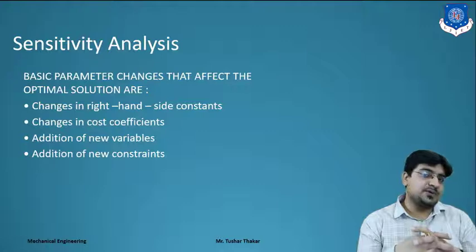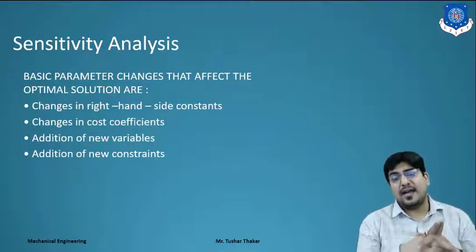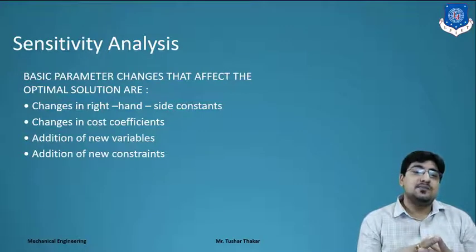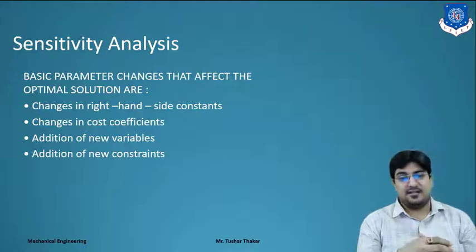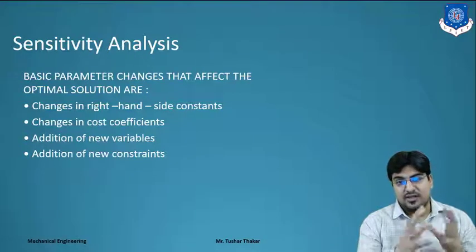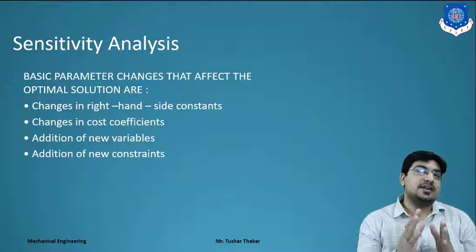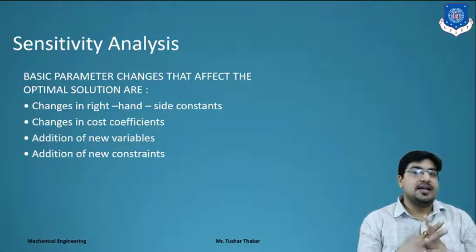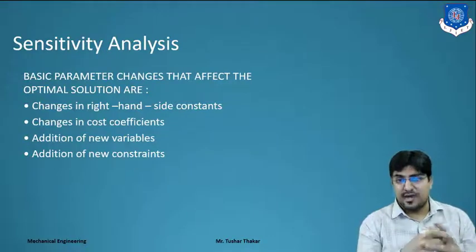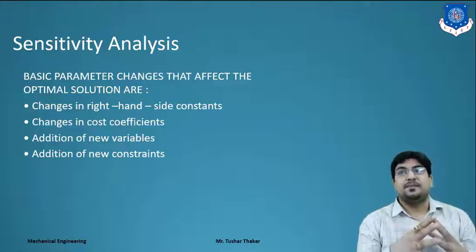So what do we have to change for the sensitivity analysis? First, we change the right hand side constant, that is the constant value of the constraint, right? Second, we change a cost coefficient.